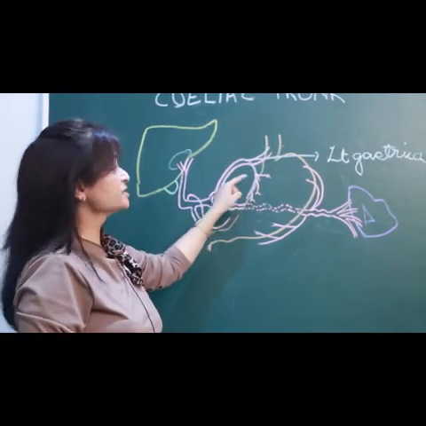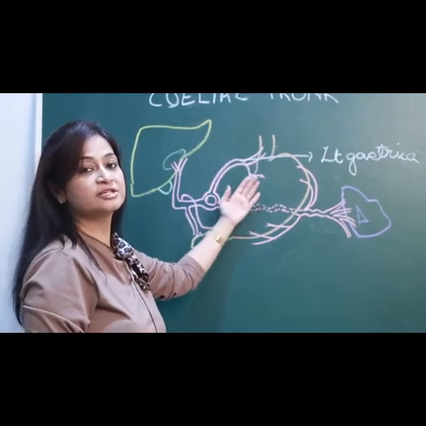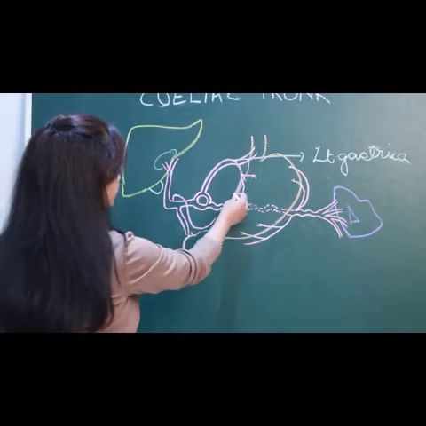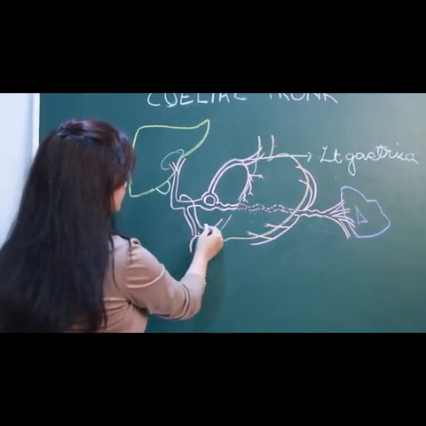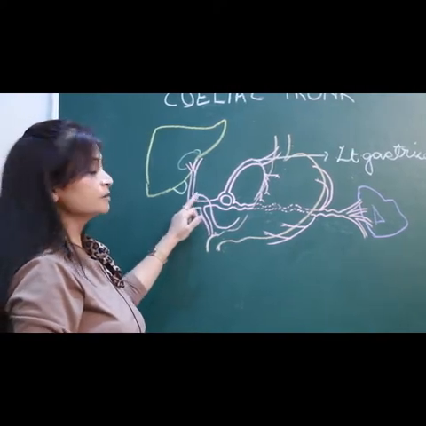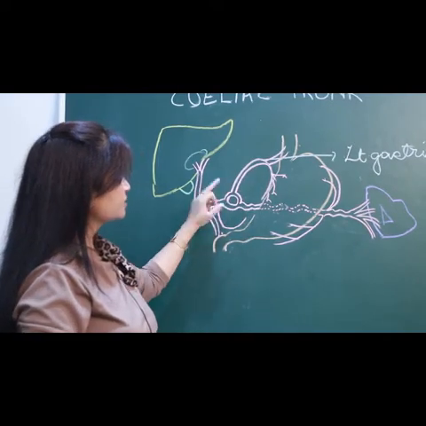Now these branches will supply both the surfaces, anterior as well as posterior surfaces of the lesser curvature. And terminally it will anastomose with branches of the right gastric artery, which will arise from the common hepatic artery. Okay, so this was the left gastric branch.